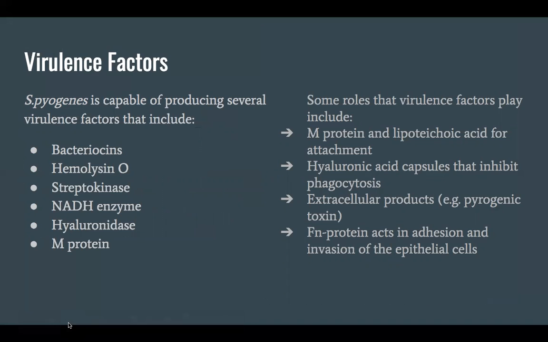Streptococcus pyogenes can produce many virulence factors that cause severe invasive infections. These virulence factors include bacteriocins, hemolysin O, streptokinase, NADH enzyme, and hyaluronidase and N protein. Some of the roles that the virulence factors play include M protein and lipoteichoic acid act in attachment to cells.